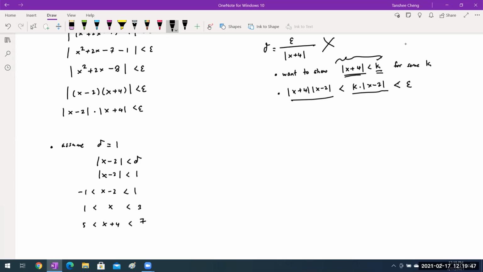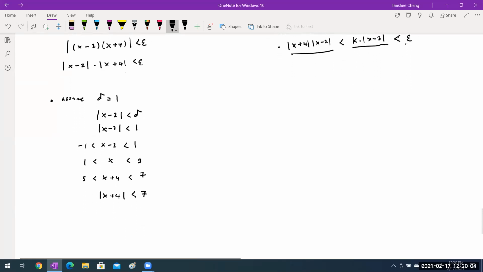So x plus 4 is greater than 5, which is greater than 0. Therefore, I can say that the absolute value of x plus 4, using the larger bound, must be less than 7. That shows us what our k value should be. It is the larger bound, because if it were a smaller bound, it might not work.